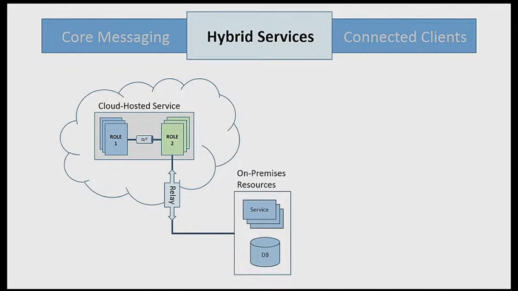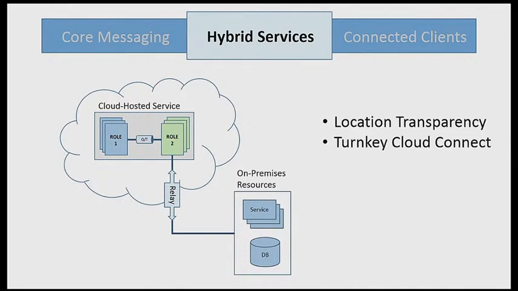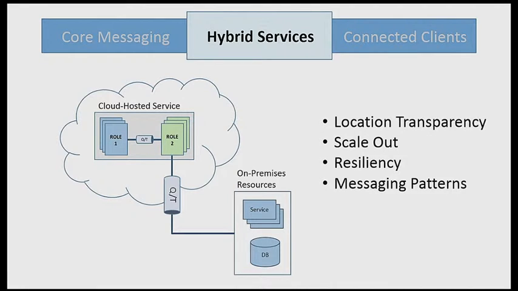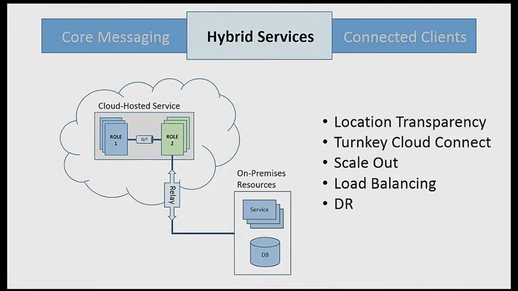The second family is the hybrid, and the first use case is hybrid with relay, where you basically want to achieve location transparency. This is a turnkey solution.